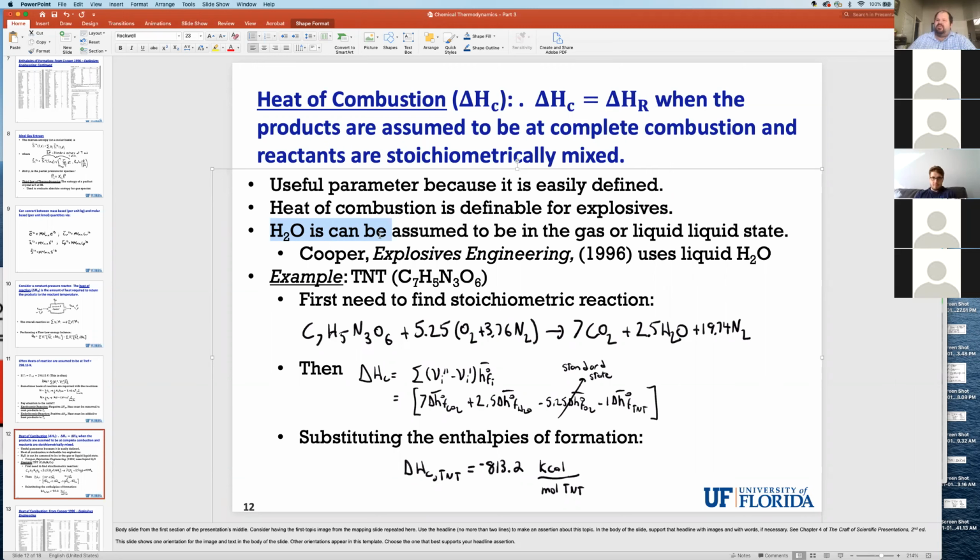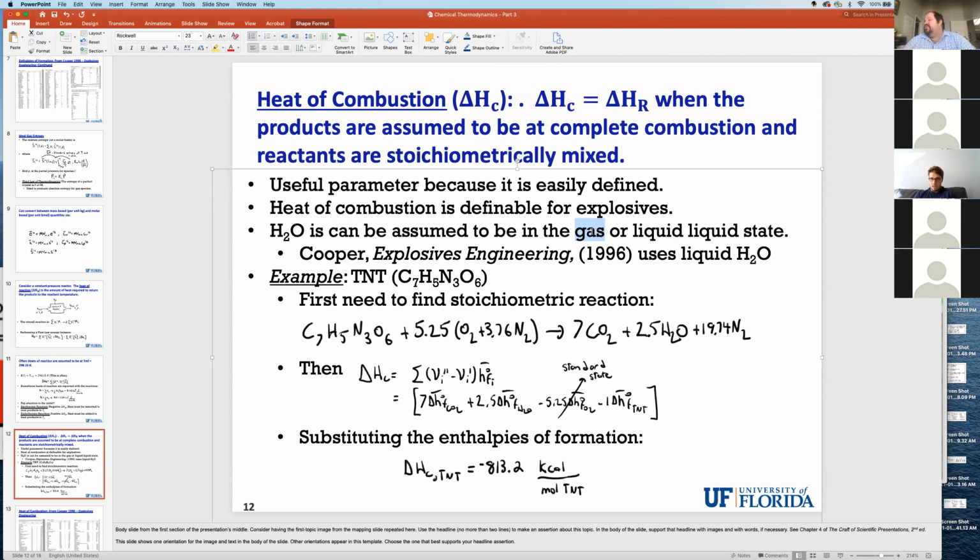Strictly speaking, from a definition standpoint, you should use the liquid state. But from a practical standpoint, that's not really characteristic of the useful energy you're going to get out of a chemical reaction, because that would imply liquid droplets coming out of the reactor, and all the energy liberated with the condensation of those droplets would provide useful work.